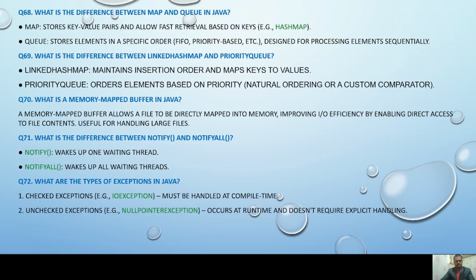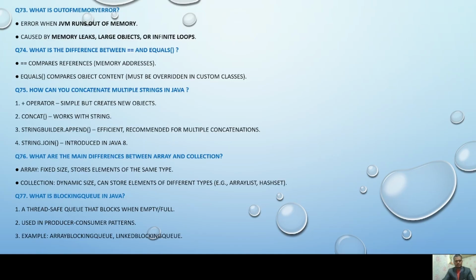Next question. What are the types of exceptions in Java? Checked exceptions, that is IOException, must be handled at compile time. Unchecked exceptions, for example, NullPointerException, occur at runtime and do not require explicit handling. Next question. What is OutOfMemoryError?